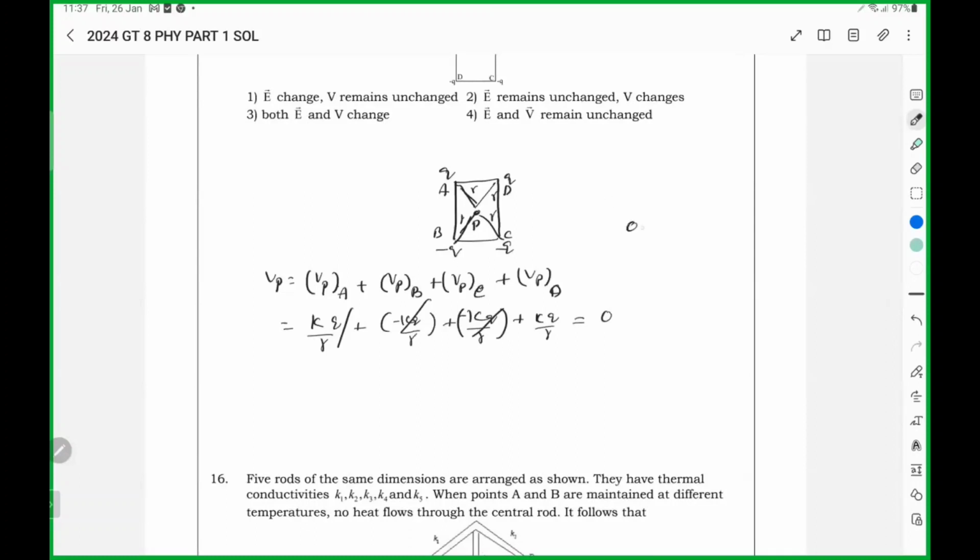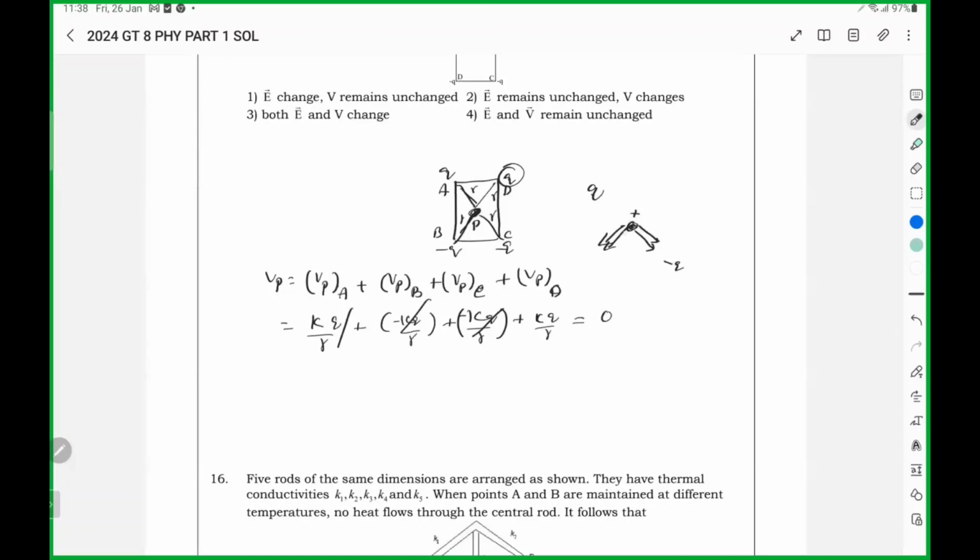Regarding electric field at this point, test charge is positive, so they repel. So net force acting on it will move like this because of the negative charge. This unit positive charge will move in this direction. Because of this charge it moves in this direction, because of the negative charge it moves inward.